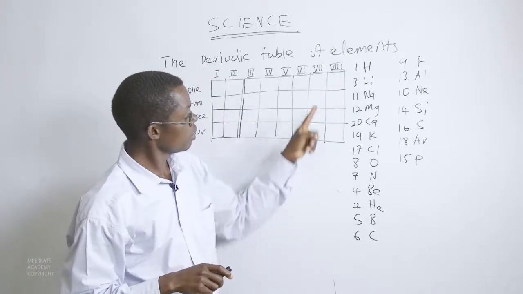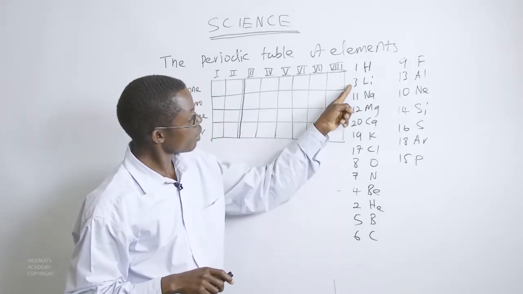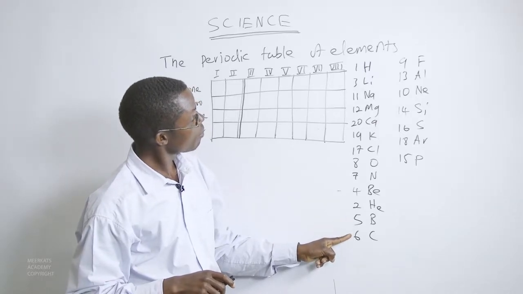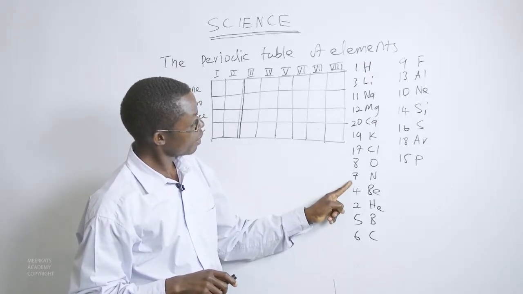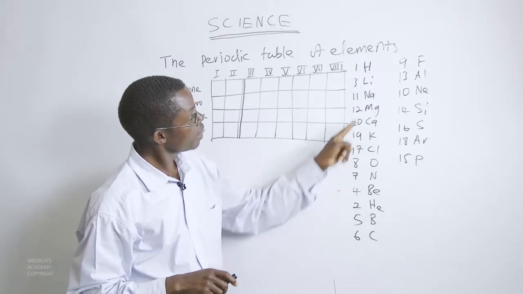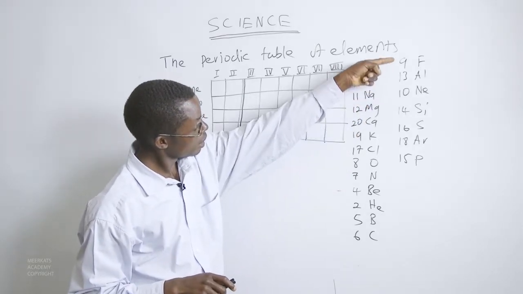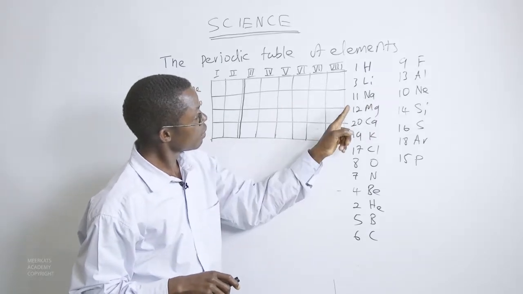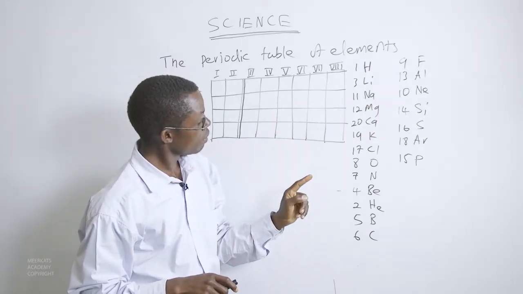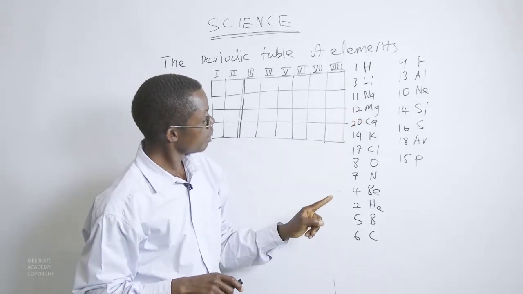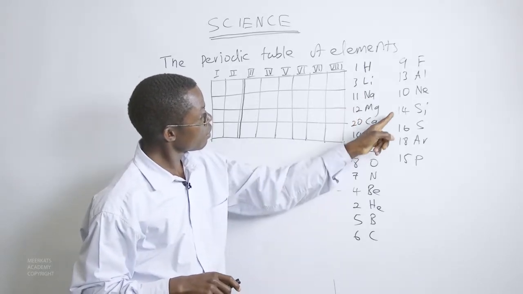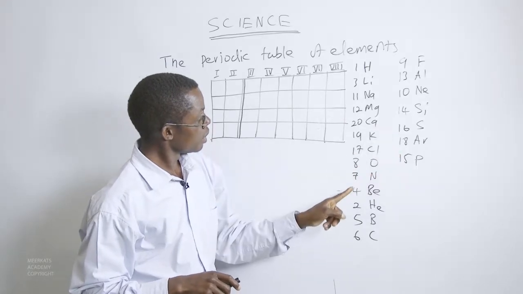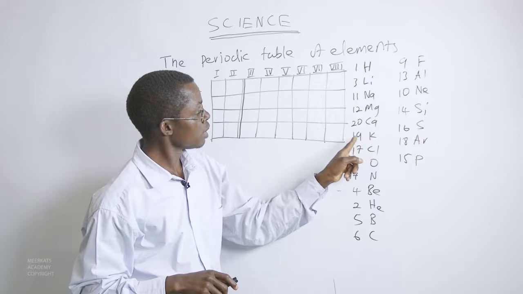So let's go through and see if all the elements are present. We have 1, 2, 3, 4, 5, 6, 7, 8, 9, 10, 11, 12, 13, 14, 15, 16, 17, 18, 19, 20.